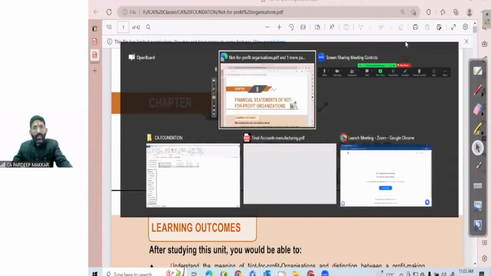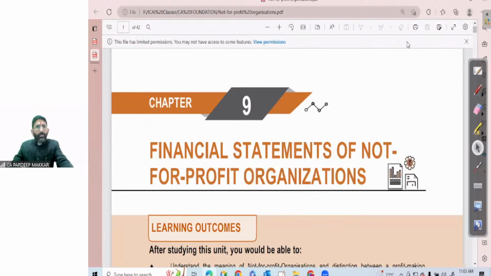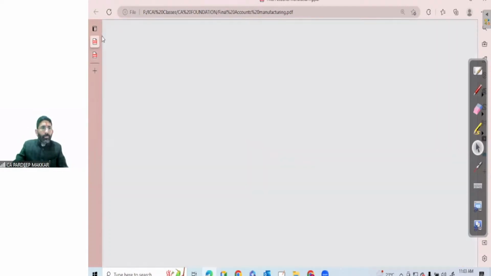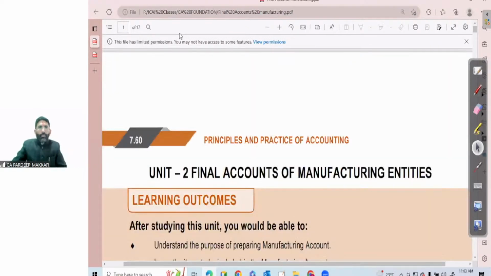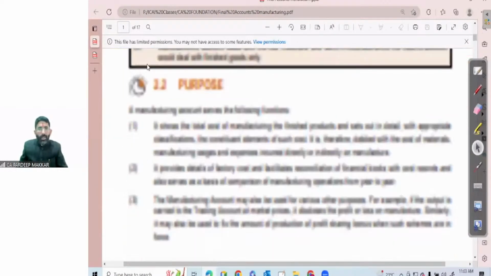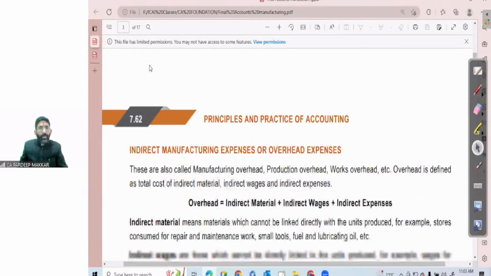If you will see, the format is given in your module also. In this, a format is already given. You may see there.